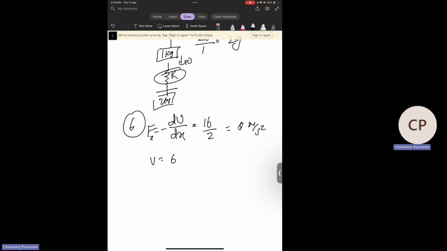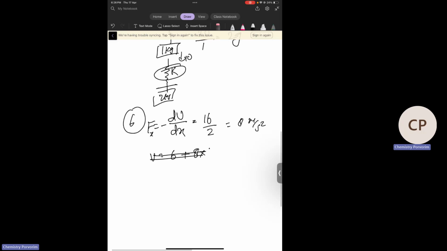Initial is 6 plus a is 8 and t is... in terms of displacement, v square is equal to u square plus 2as. u square is 36 plus 2 into 8 into s, s is 4.